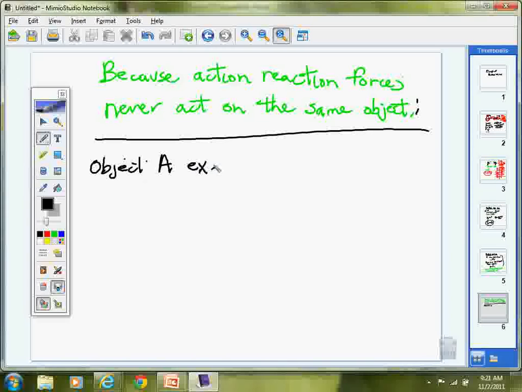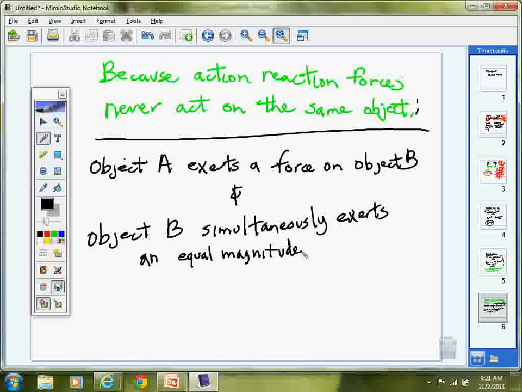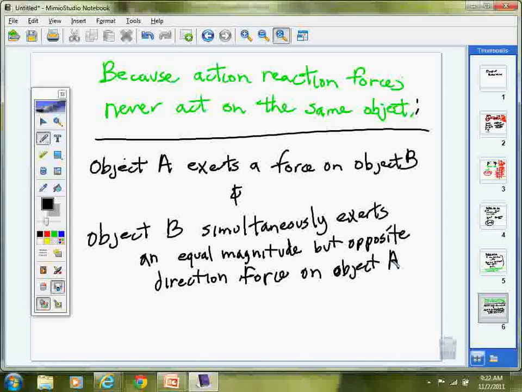Object A exerts a force on object B, and object B simultaneously exerts an equal magnitude but opposite direction force on object A. So there's two objects.